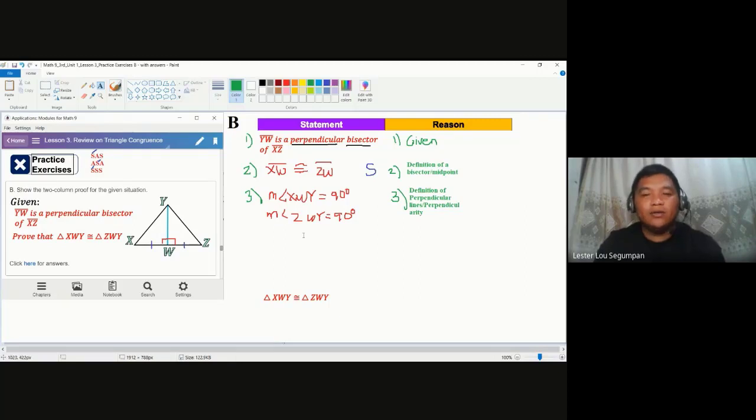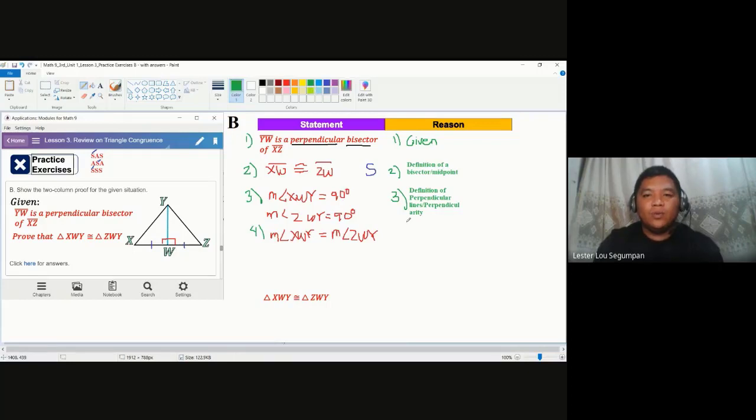But we could use the different statements after the given here. So in number 4, since they have the same measurement, we can conclude that the measure of angle XYW is equal to the measure of angle ZYW. We simply substituted here.